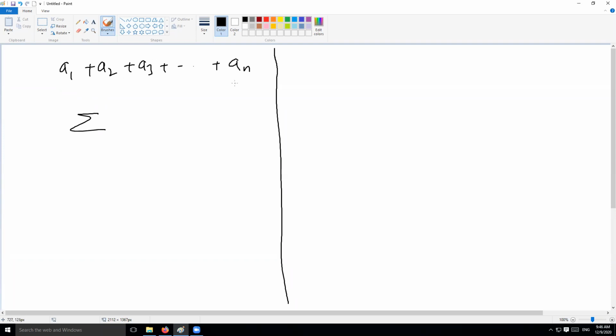So you're going to have a sum in which you have a and an index k, so you write ak, and then say where the k starts and where it goes up to. The k, the index, starts from 1 and goes up to n.